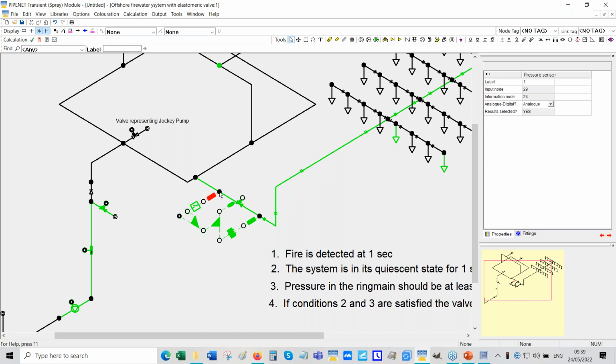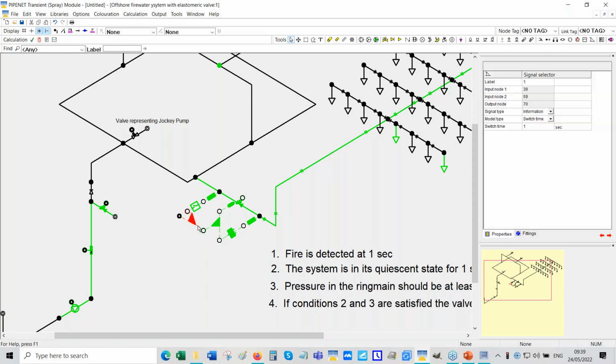So when the pressure here reaches 2 bar, that'll switch on, which means that will become 1. When it's off, that'll be 0. When it's on, that will have a value of 1.